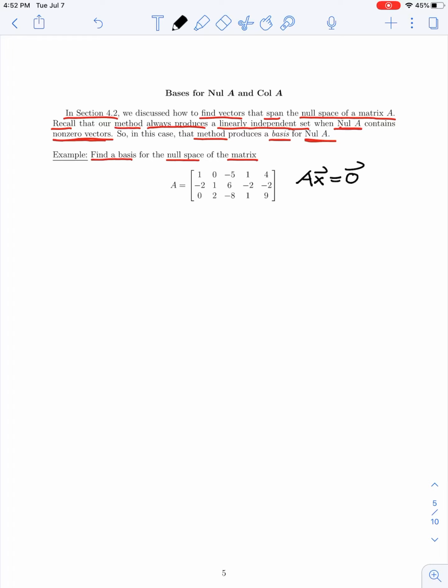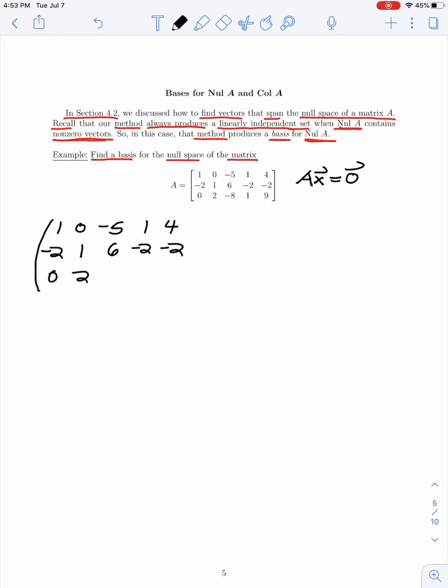So in order to solve this homogeneous linear system, we could consider an augmented matrix. So let's take the matrix A, whose first row was 1, 0, -5, 1, 4. Second row was -2, 1, 6, -2, -2.